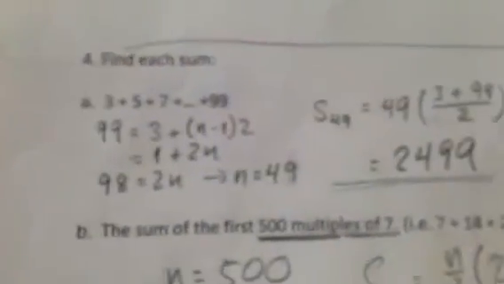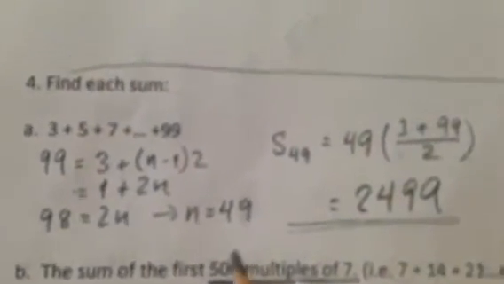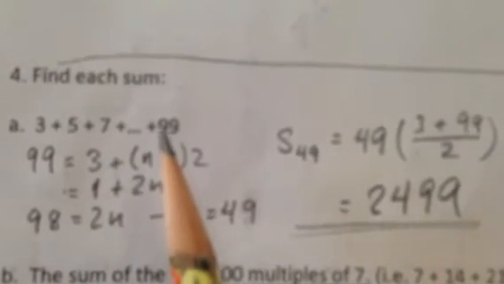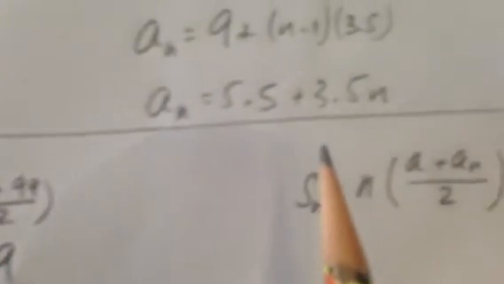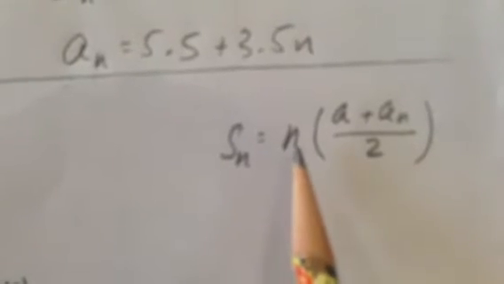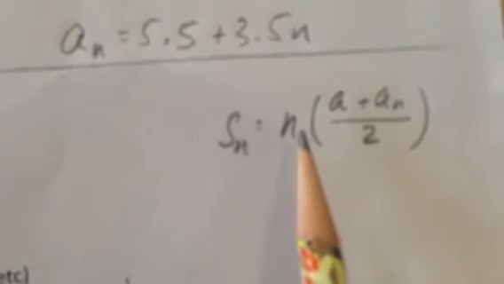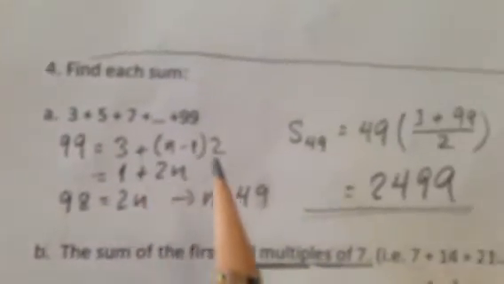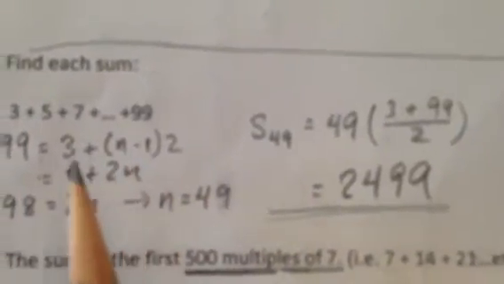There you go. In the next problem, where you're finding some sums, all right, this first sum, we have the first term and the last term, so I would like to use this formula if I could, but I don't know what n is. So I'm going to try to find n. So what I do is I take my general form, a sub n equals a plus n minus 1 times d, and I'm going to use that on this problem here.